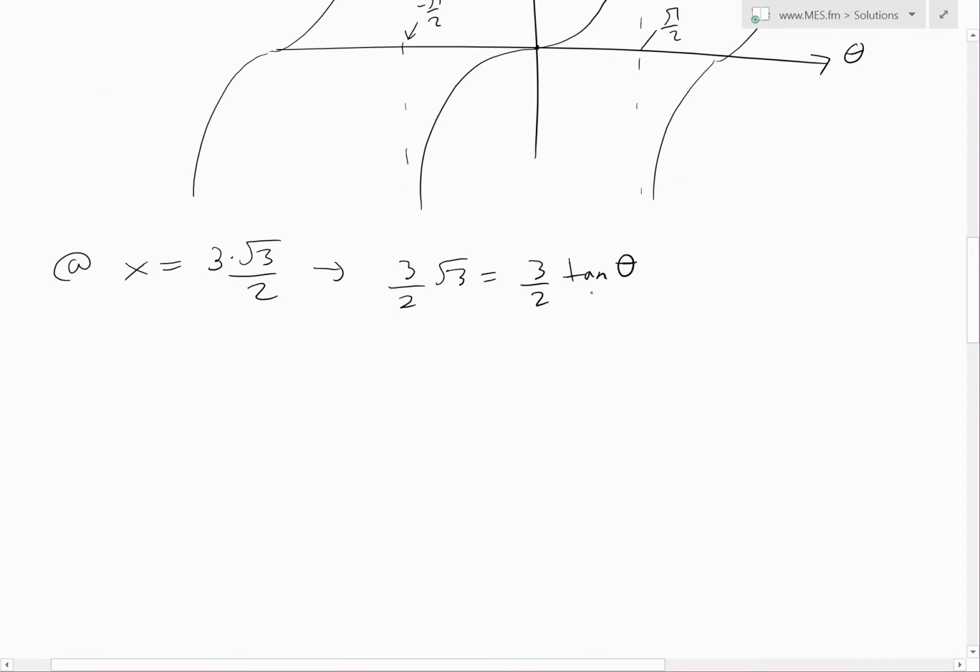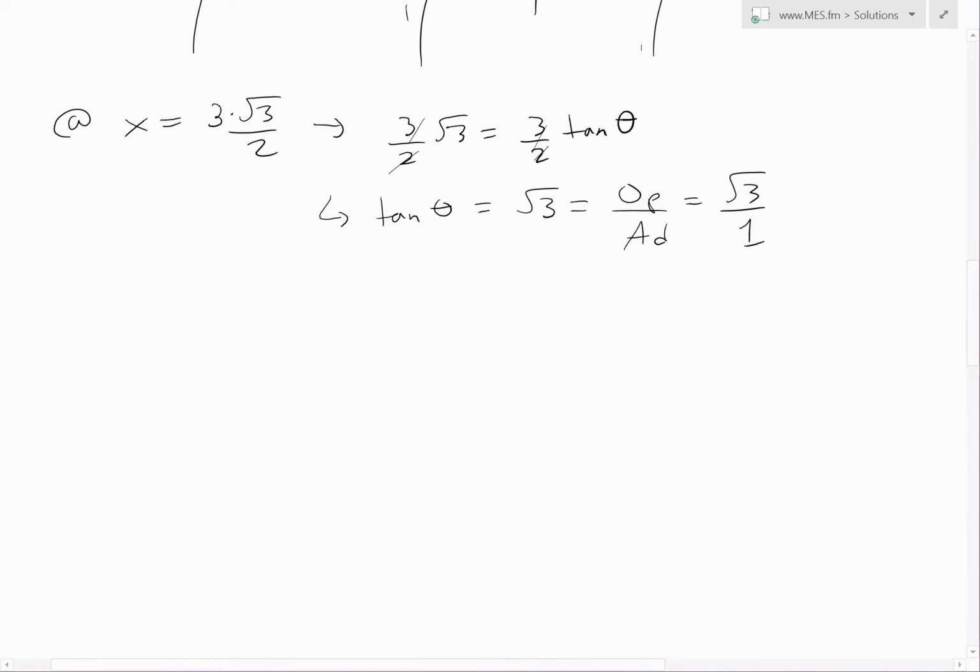So basically now the 3s cancel and the 2s cancel, so we're left with tan theta equals square root 3. And you could write this, by definition, as opposite over adjacent of a right angle triangle. You could even further write it as square root 3 over 1, it's the same thing. And now we have to find out what this angle theta is.